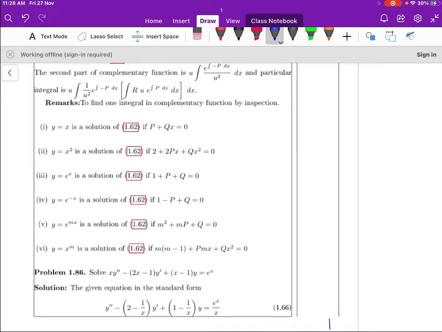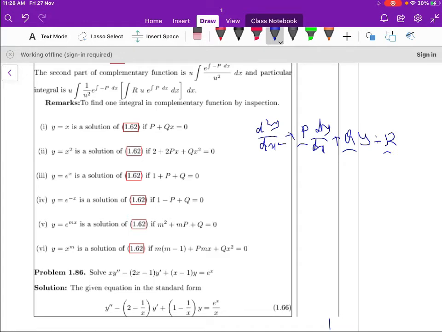Anyway, we know that the second order differential equation is of the form d square y by dx square plus p into dy by dx plus q into y is equal to r, where p, q and r are functions of x.